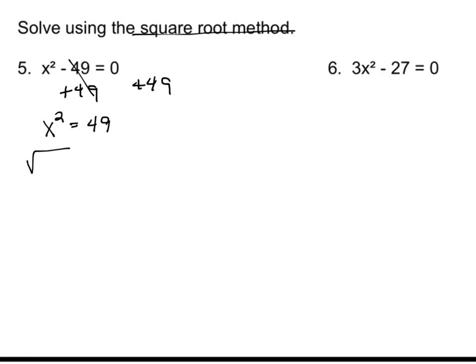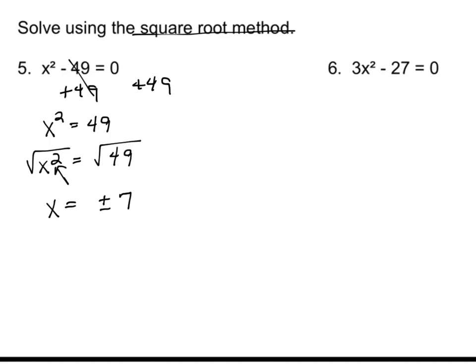Now you're going to take the square root of both sides. And remember, when you have an even exponent here, when you take the square root of it, you need to put plus or minus in front of your answer. So the square root of x squared is x, and that equals plus or minus the square root of 49, which is 7. That's a nice integer answer.